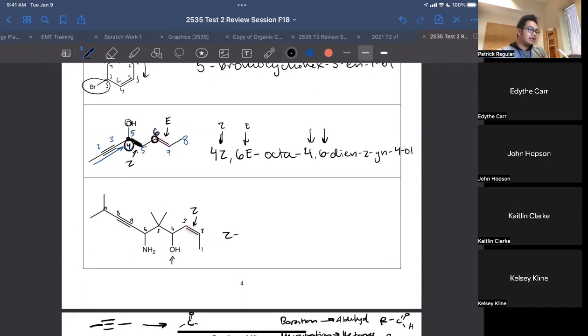Some people might stop here, but we have to keep going. 10. Now, the alcohol is on the 4th carbon. I already know that's the way we go, because if we went the other direction, the OH would be on like the 6th or 7th carbon, which is not what we want. We want the alcohol to have the lowest number. So I know it's 4-ol, and we can just number it the way we go through it.